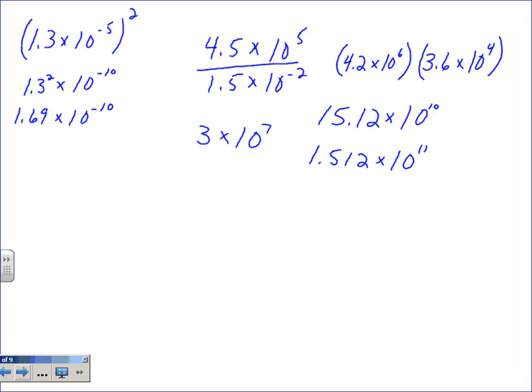Notice we have an E there, and I don't want you to write that on your paper, because what this means is 1.512 times 10 to the 11th. The E in your calculator means times 10 to the 11th power. Easier.